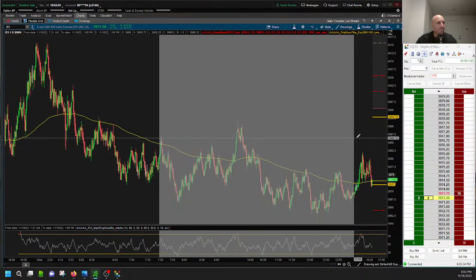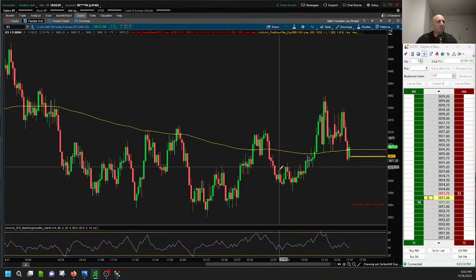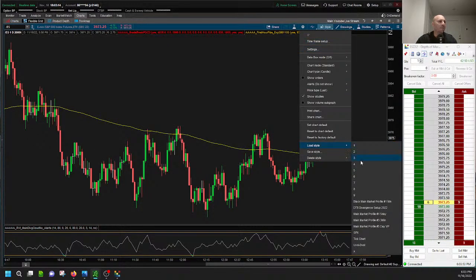Same exact concept, but it's longer. You still see nice kind of divergences, things like that, but these are longer. But yeah, I really like the 512 tick chart.